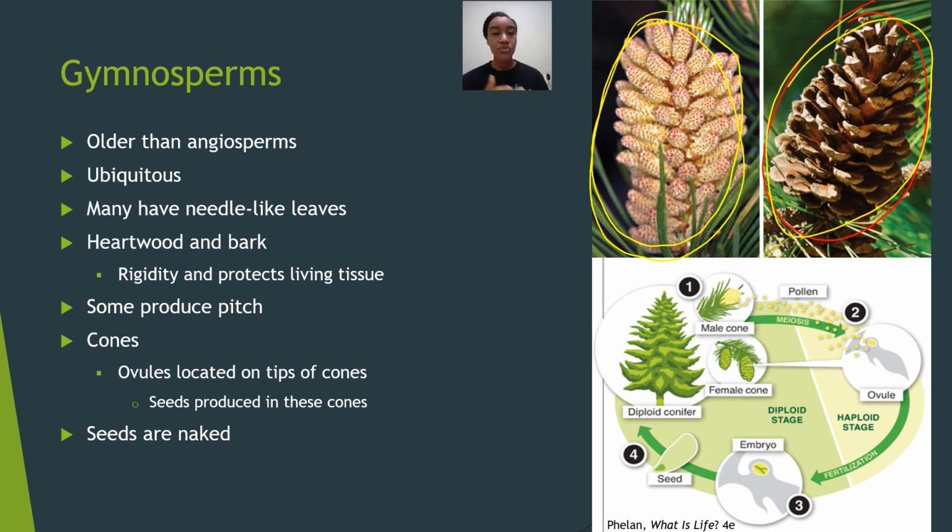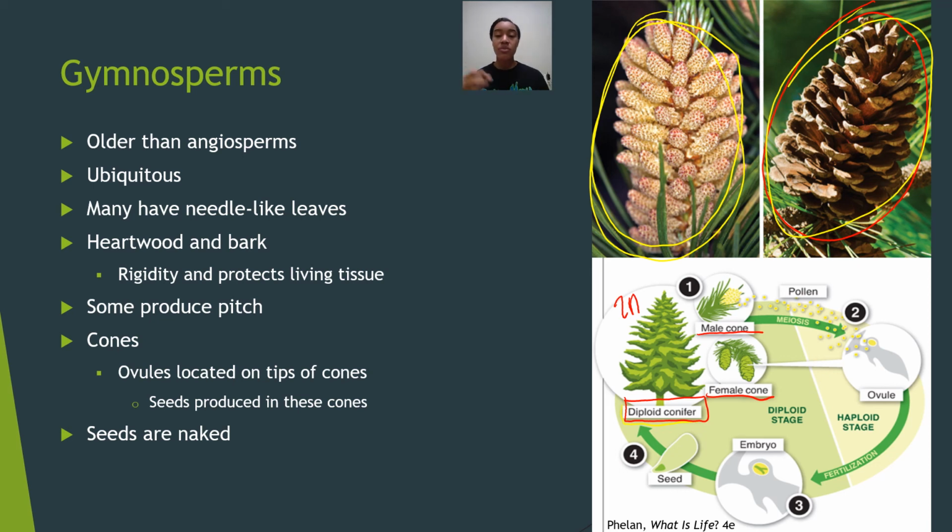So how the alternation of generations occurs in gymnosperms is that the diploid tree that we know of, so our 2N, has female and male structures associated with it. So they have the male cone and the female cone, like we just talked about, that have the sperm and the egg.